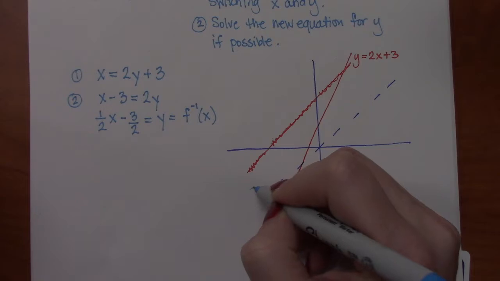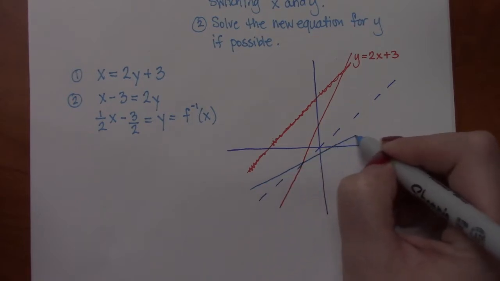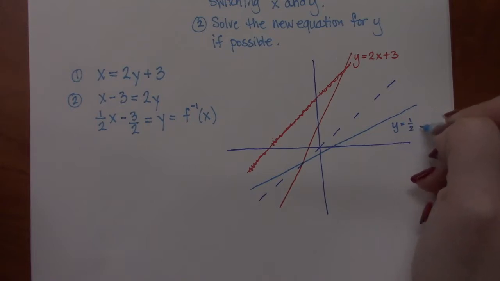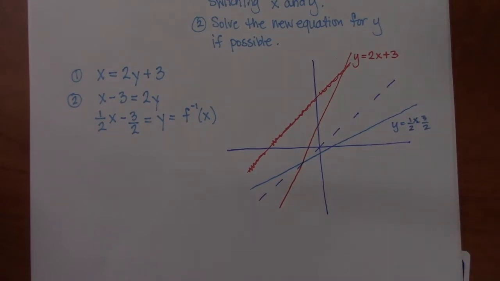So it would look something like this. See how it makes like a mirror image around that dotted line? And that's what we mean by it's reflected over the line y equals x. And the reason we use the line y equals x is because we're swapping all the x and y values.